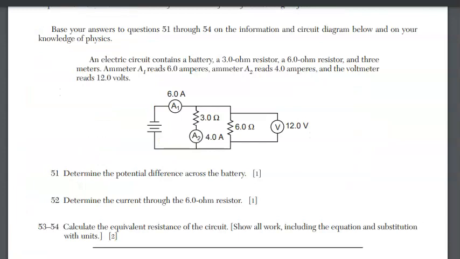All right, let's take a look at that question I was talking about. Sure enough, I found it, and it is here, question 53 and 54. Calculate the equivalent resistance of a circuit. In other words, the total resistance. You take a look at the circuit, it is a parallel circuit. How do I know that?